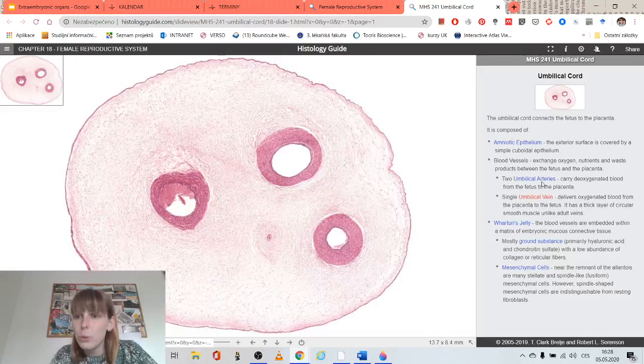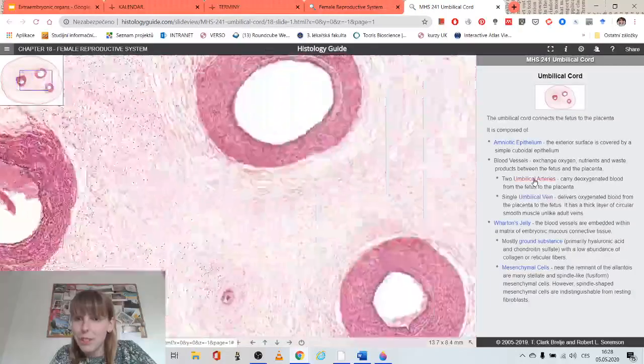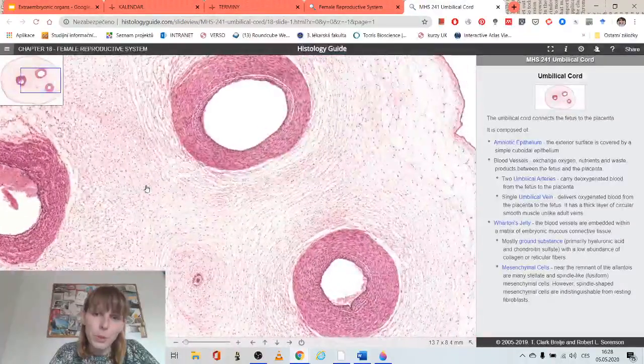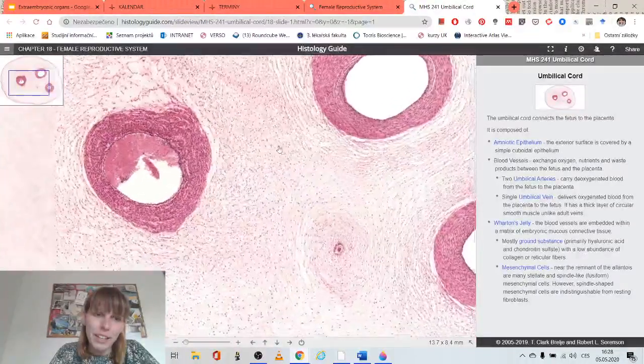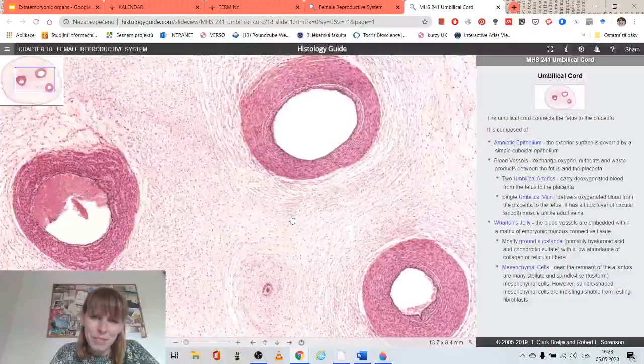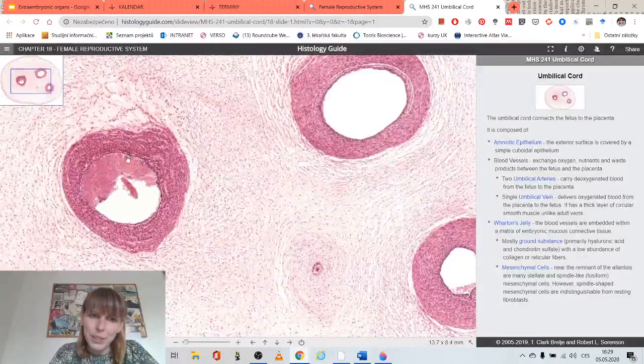And you can even let them help you with the differentiation between the arteries and the vein, which is in this case quite useful because it's not very clear. Usually it's clear. So these 2 will be the umbilical arteries, and this one will be the vein.